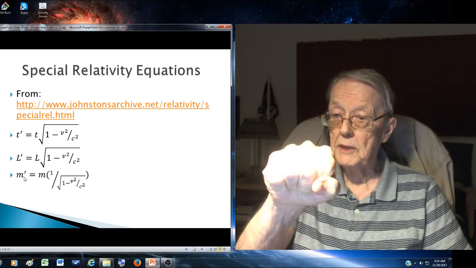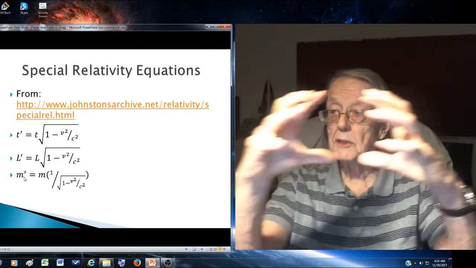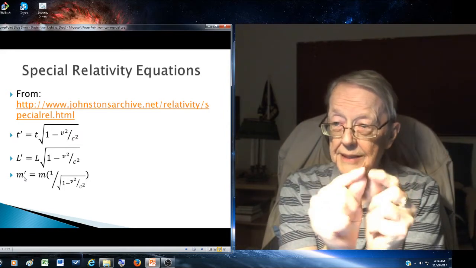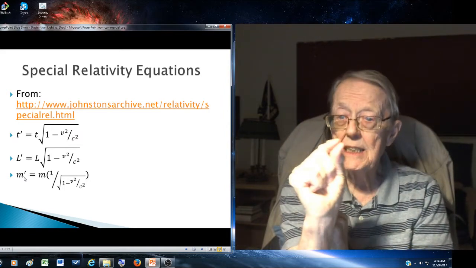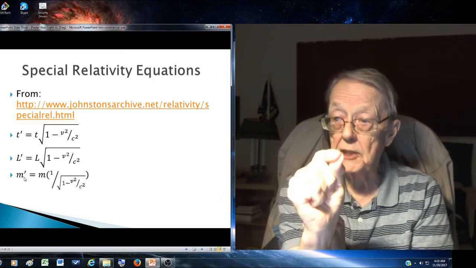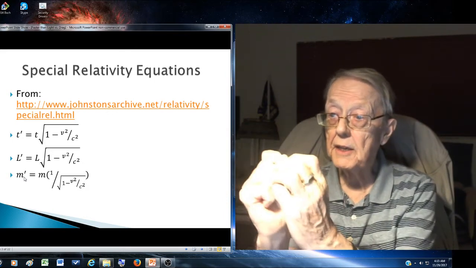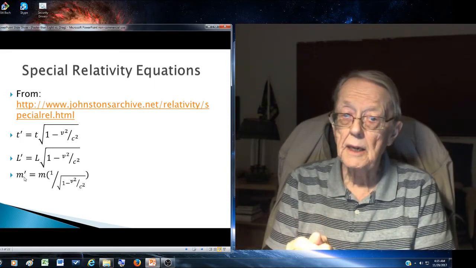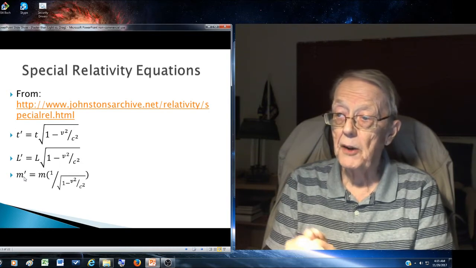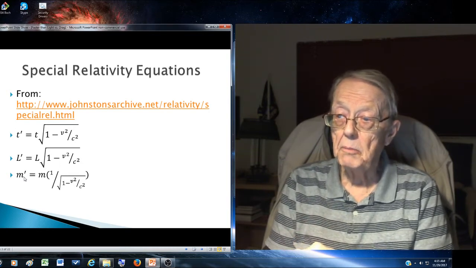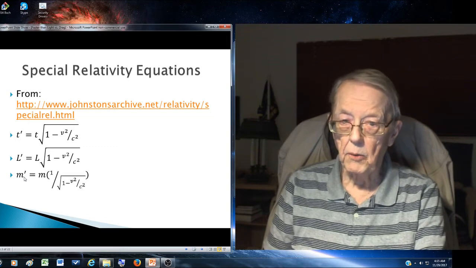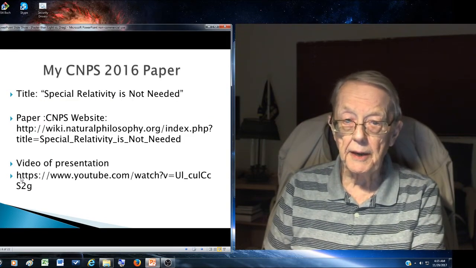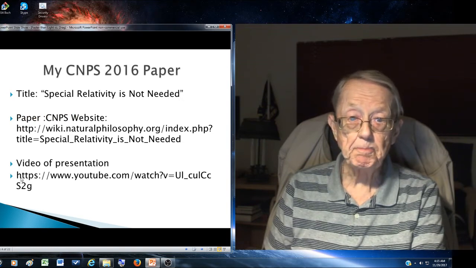However that happens, length contracts, which means it's going to take this object and shrink it down smaller and smaller until it's virtually nothing at speed c, has no size, and yet the mass is infinite. It's huge, it's big. Time stops, volume is 0, mass is infinite. A rather unusual circumstance for an object moving at speed c.